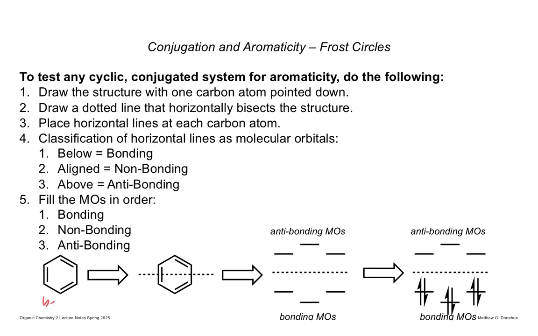So we're starting with benzene. And the way that you do this is you have to point one carbon atom down, so the molecule is sort of standing on a vertex. I didn't draw the circle, but what your book will do is just draw a circle around this. So that's the Frost circle.